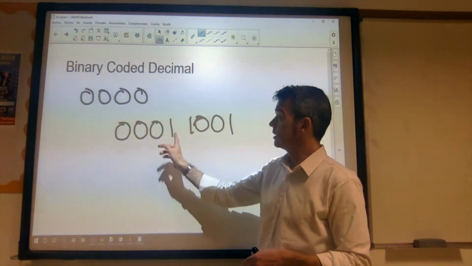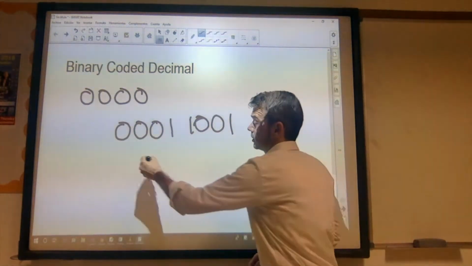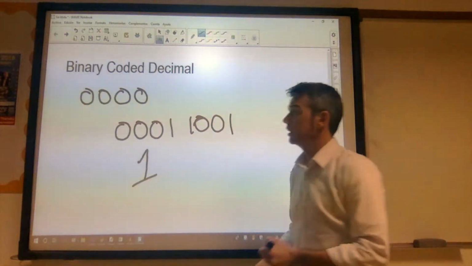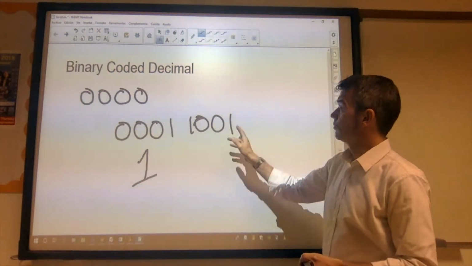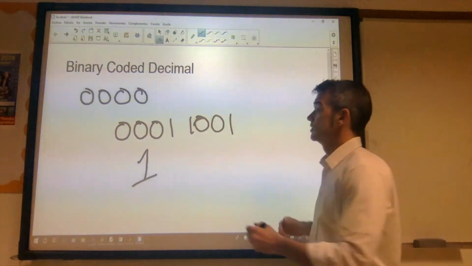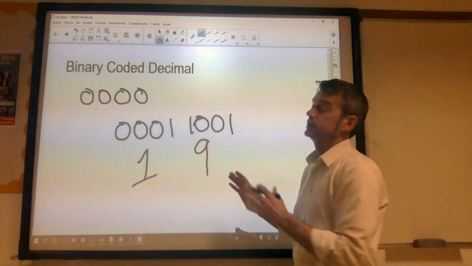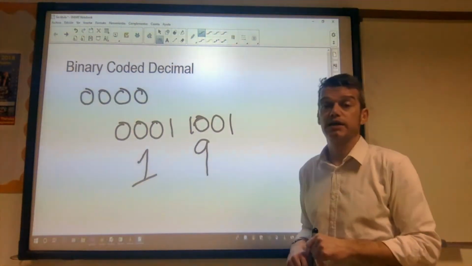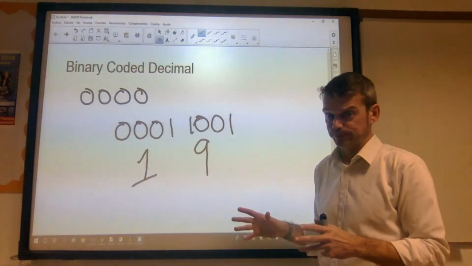So here we've got just 1, which translates to our 1. And here we have 1, no 2s, no 4s, 1 eight, 8 plus 1 gives us 9. So this represents 9, and together we've got the number 19.